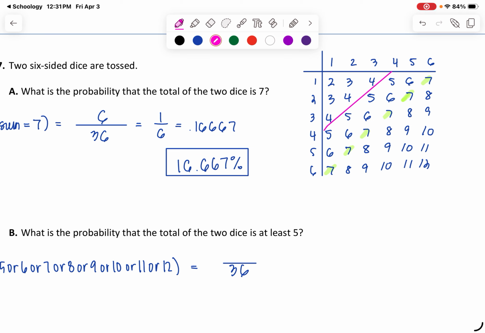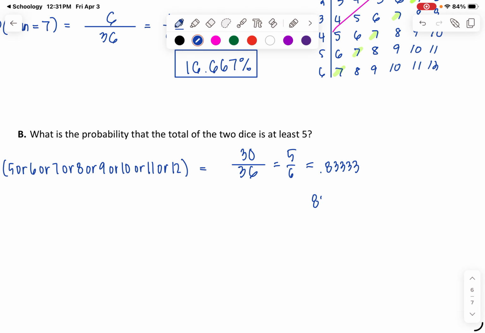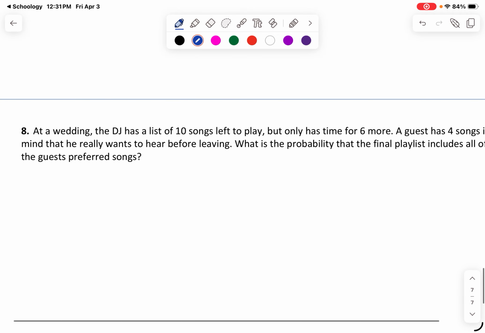I could count up, or I can count the ones that are not, or the less than. So it's 1, 2, 3, 4, 5, 6. There's 6 that are not, so 36 minus 6 is 30 that are, which is 5 out of 6, which is equal to 0.83333. So 83.333%. Sorry if I mumbled through that one, but I feel like these are way easier than the hard hands.